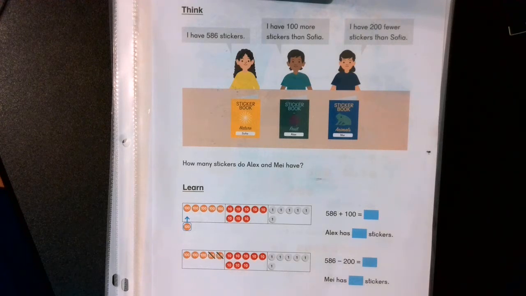Okay, let's learn this, okay? So we have 500 number disc here, we have 8 10 disc here, and we have 6 1 disc. If we're going to add 100 more, what do you think we're going to add? Look at this right here. So we're going to take 100, we're going to add it there.